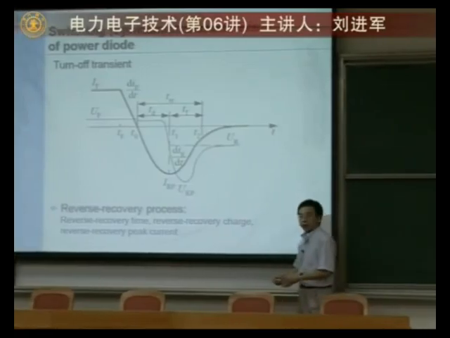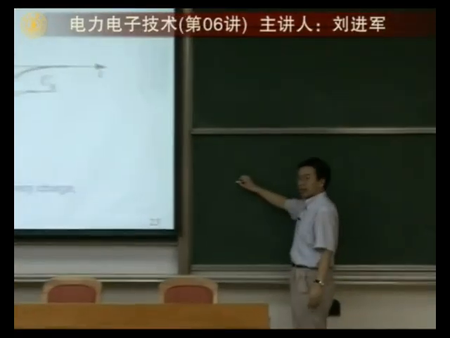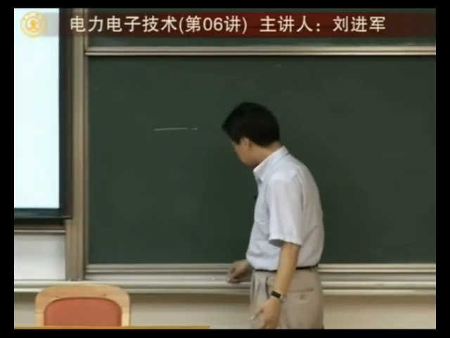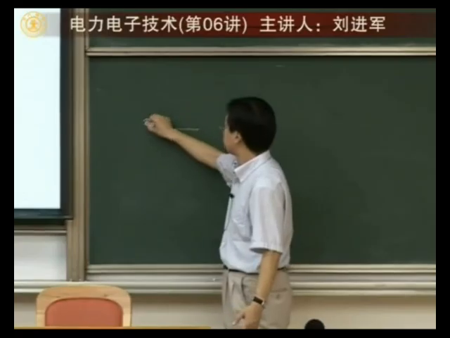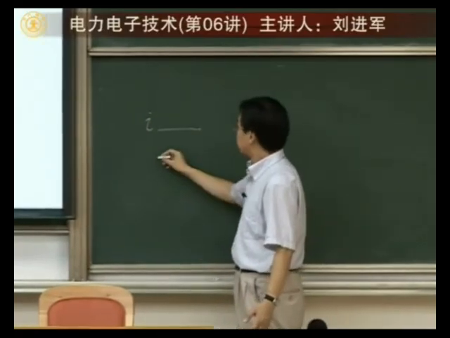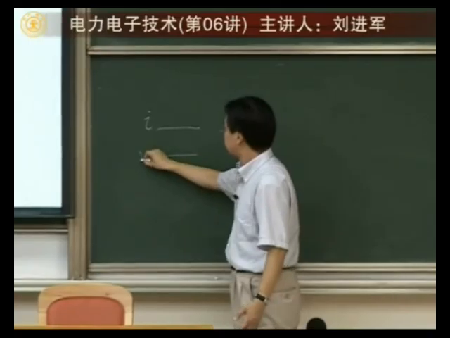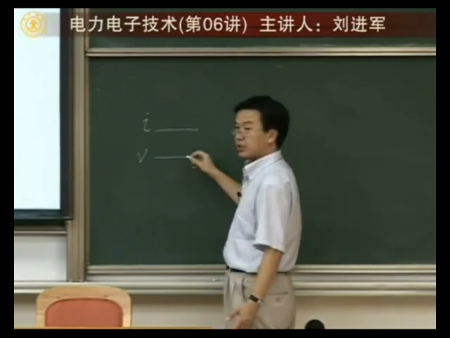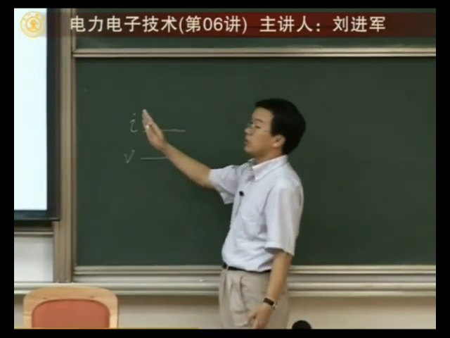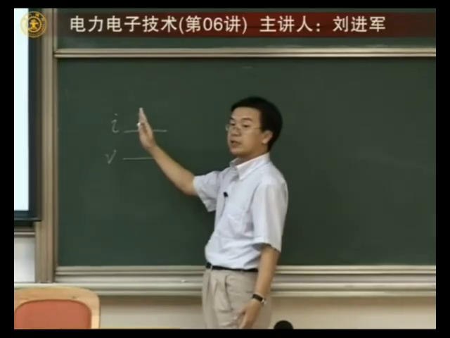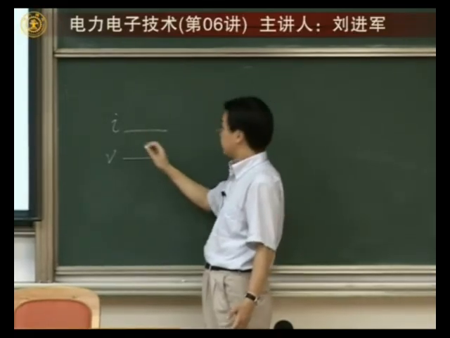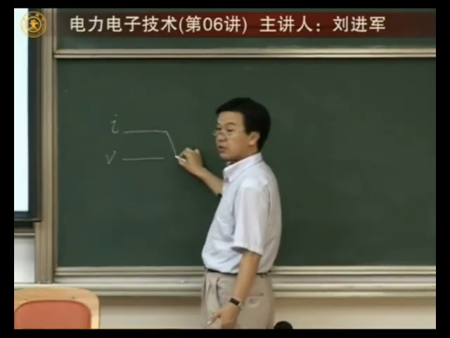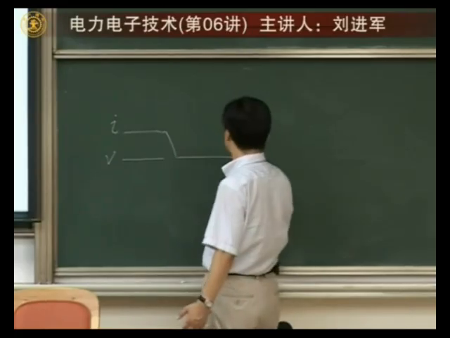Before this, you would imagine, when the diode is turned off, if this is the current waveform and this is the voltage waveform, and then the diode changes from forward bias to reverse bias, the current will change to 0.